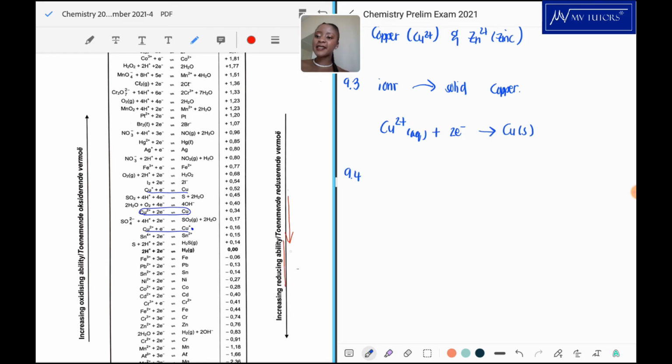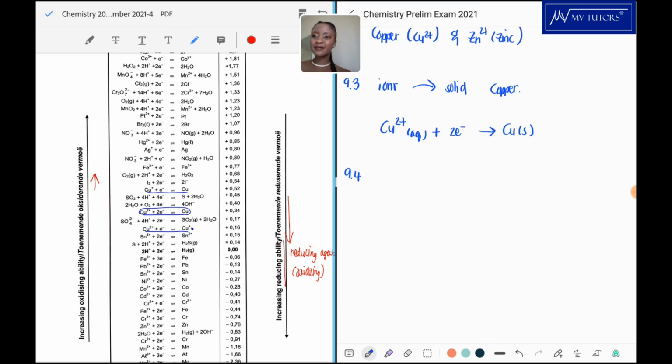Think of it as the reducing agent working in that direction. And if we say reducing agent, basically we're saying it's oxidizing ability. It can oxidize a lot. If you look on the left-hand side, increasing oxidizing ability means that it is an oxidizing agent; its oxidizing agent ability is high.